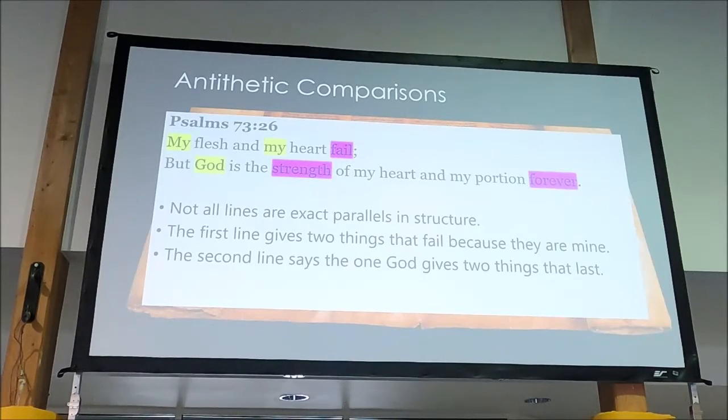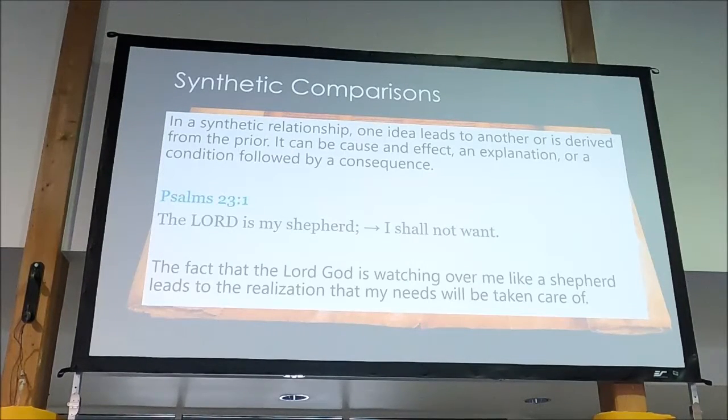But we can get other forms of patterns. There's another one that's called synthetic. I have no idea why they call this synthetic, but that's the official word for it. It's a relationship where one idea is derived from the other, or is the result of another. It's a cause and effect type of relationship, or a condition followed by a consequence, or an explanation of something.